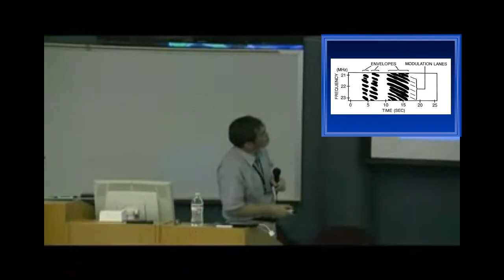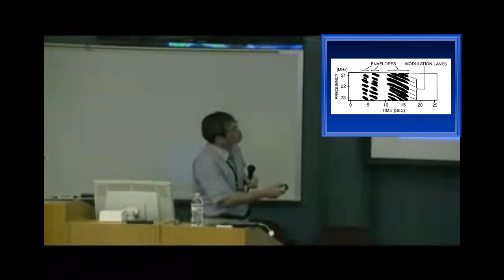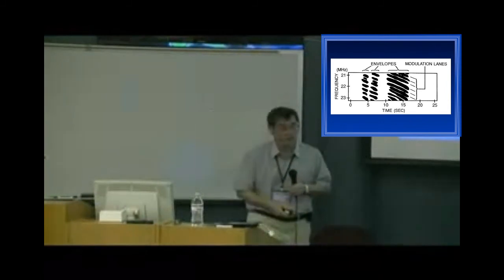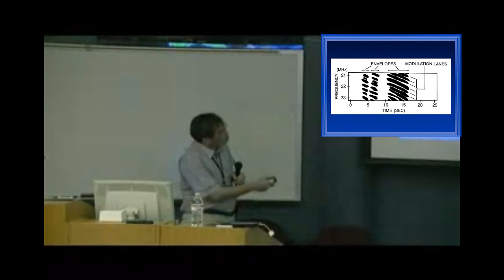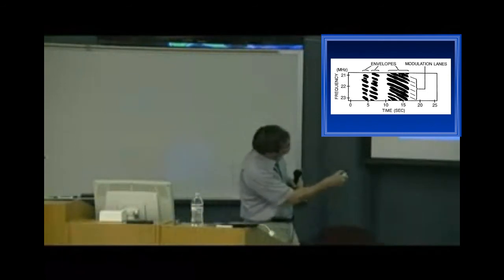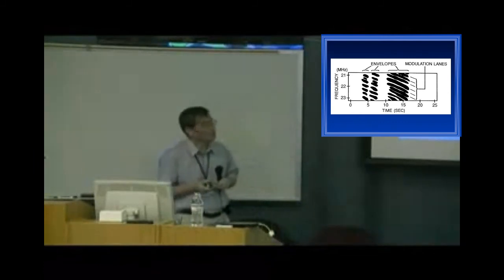There are modulation lanes, okay? This is right-hand polarization, and this is left-hand polarization. You can see the lane is penetrating all the way. So this is a very important discovery from my point of view.